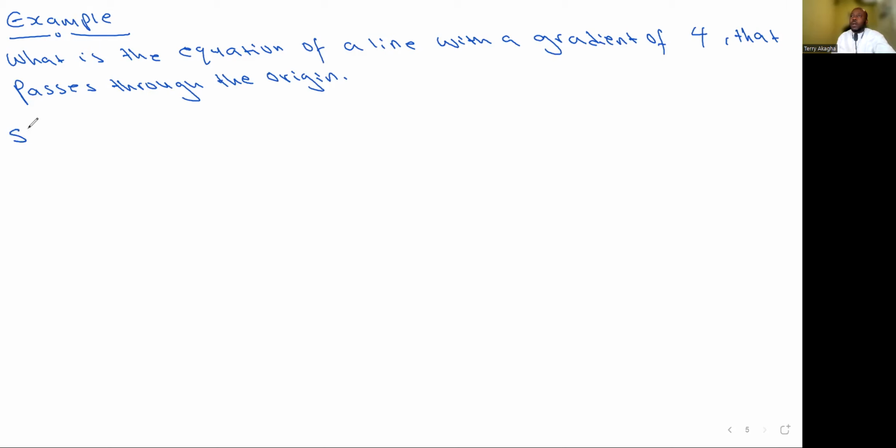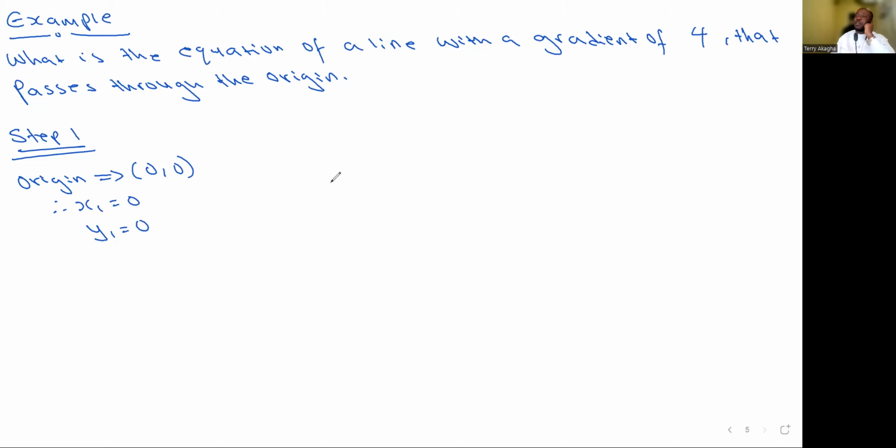All right, step 1. Now, this is very simple. It said passes through the origin. So if you remember the coordinate system, I told you the coordinates for origin is what? 0, 0. Okay? So that means my x1 is what? 0. My y1 is what? 0.